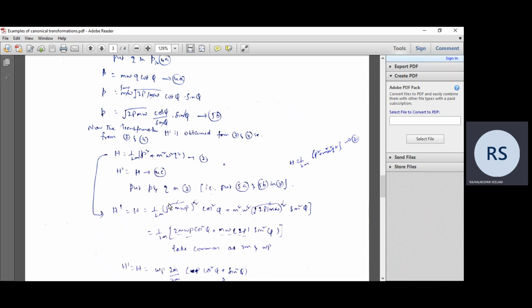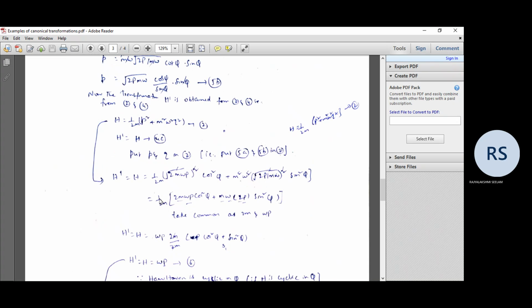P means root of 2m omega, whole square, cos square Q, plus omega square m square, root of 2P by m omega, whole square, into sin square Q. So by substituting the P value and Q value in equation number 2, this is the required equation obtained.